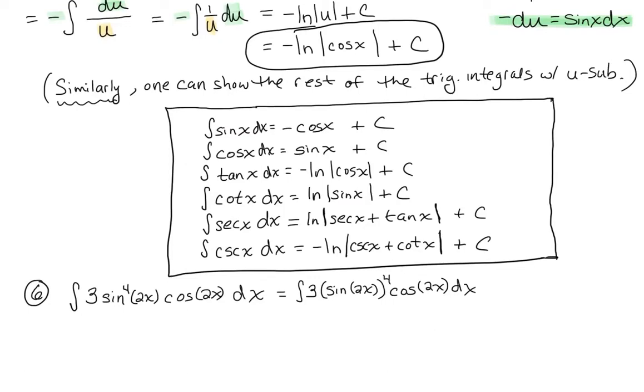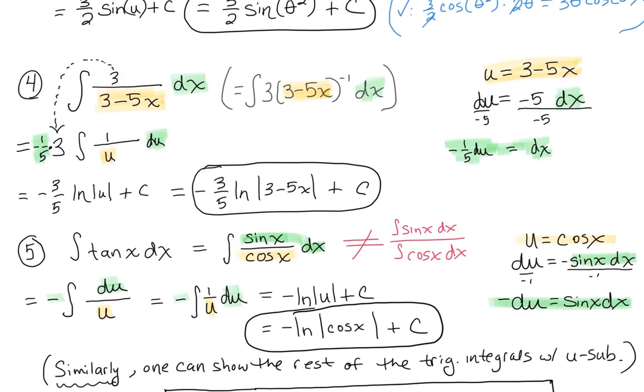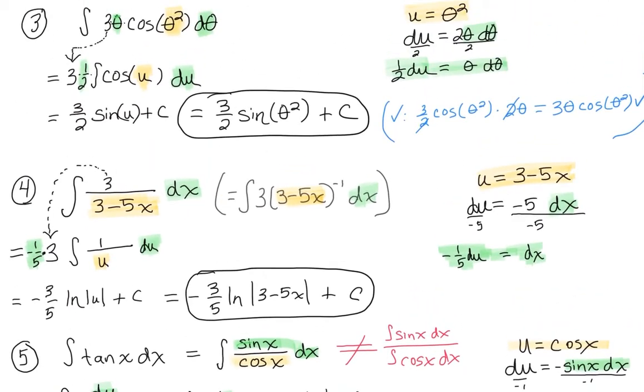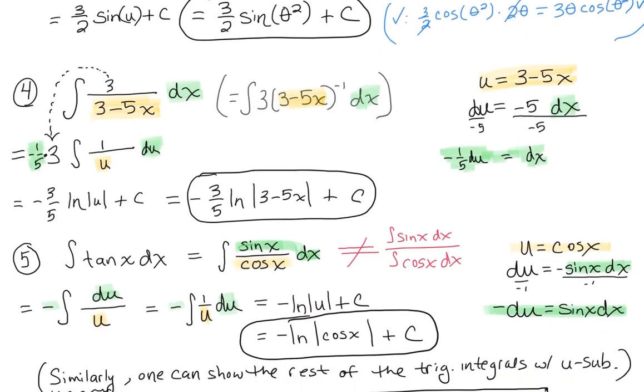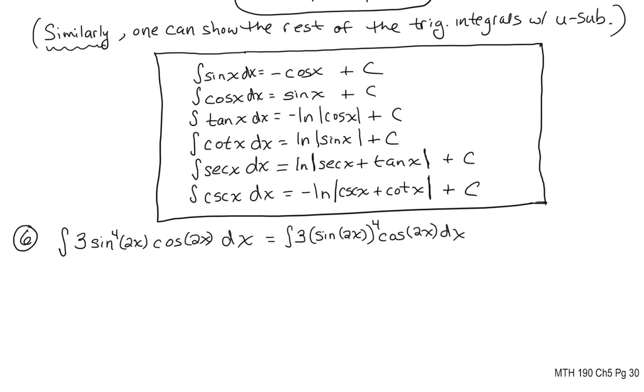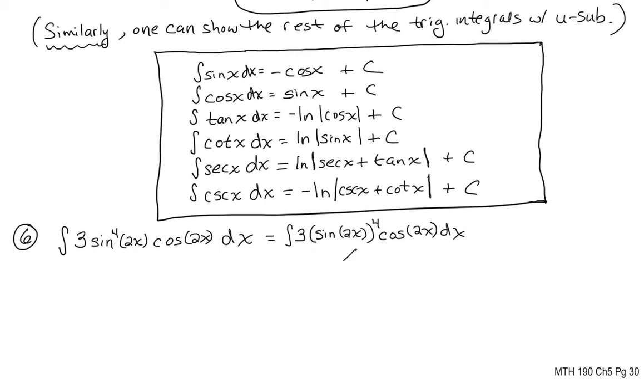So initially you might think to yourself, oh, we did one before where we had cosine of theta squared, where something inside the trig function is more than just a plain old x or more than just a plain old theta. And that's true. That is often, if you look up here at this number 3, going to be a choice for you. But down here on this one, yes, I certainly have these 2 x's on the inside. But what I want you to think about is, okay, pretend that wasn't there.